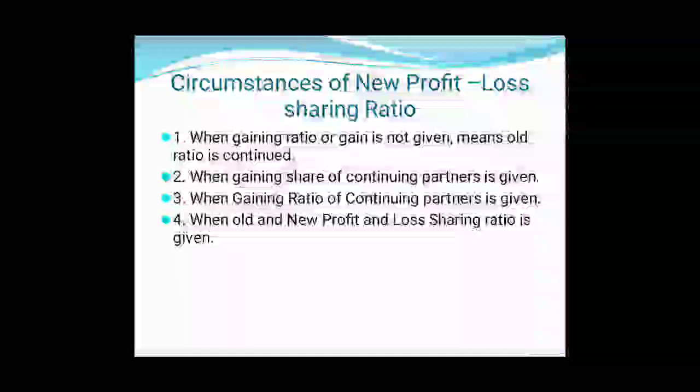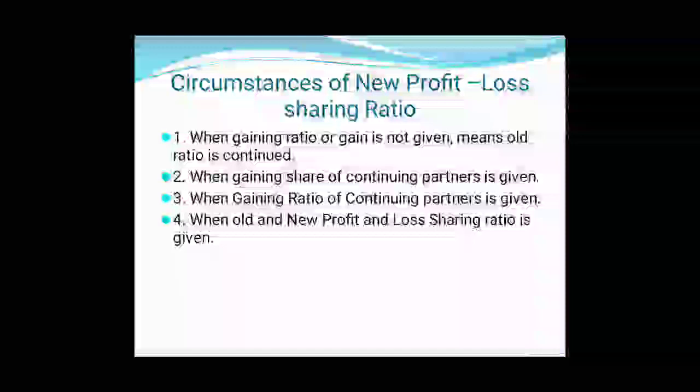Now the second, when the gain share of the continuing partner is given directly, what to do? We know the formula. When gain share is given, old share is also there. How to find new share? New share will be old share plus gain share. So it's very simple. And the third one, when the gain ratio of the continuing partner is given, as we have seen, the third formula will be applied to determine gain share.